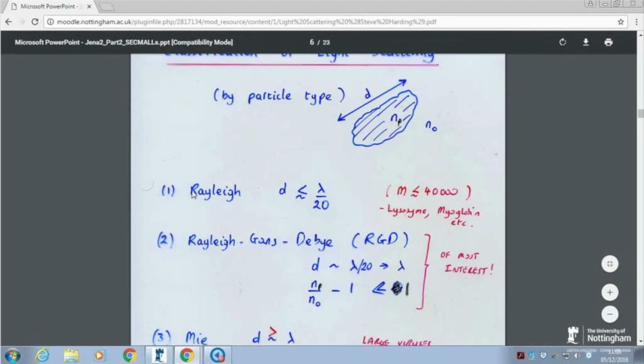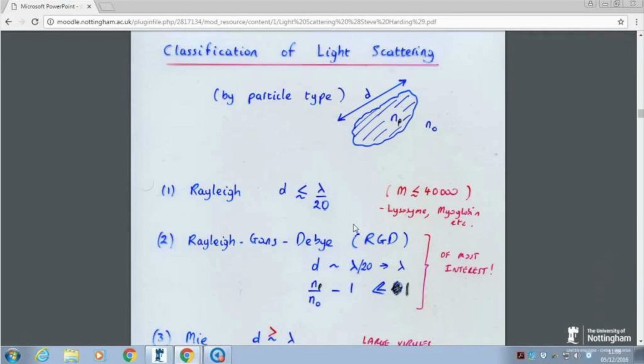And Rayleigh scattering is when the particles have their maximum dimension less than a 20th of the wavelength of light. So if you've got red laser light, what's the wavelength of red light? It's about 600 nanometers, okay?